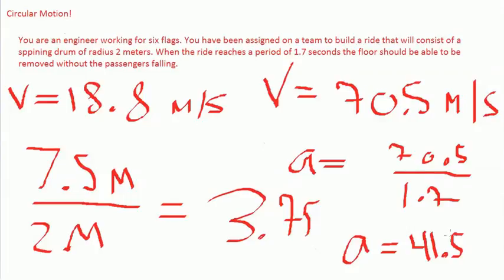And if you look at all this data, it actually makes sense. We took our original radius for the Gravitron of 7.5 meters, divided it by 3.75 and got 2 meters. And at the same time, we multiplied our original velocity by 3.75.